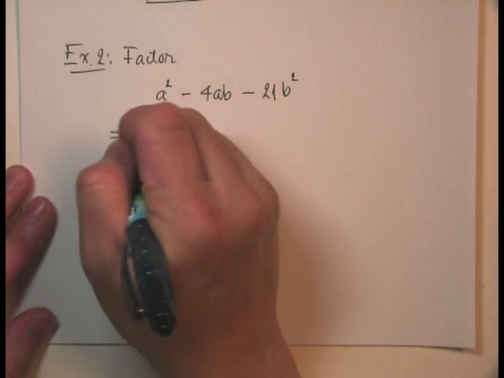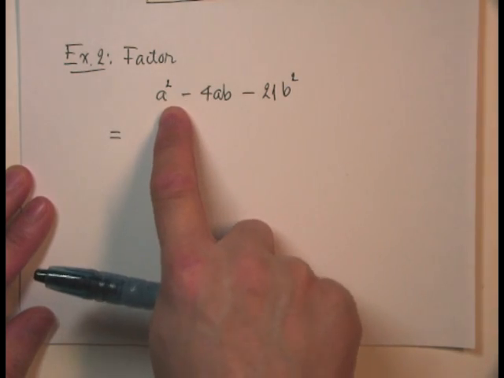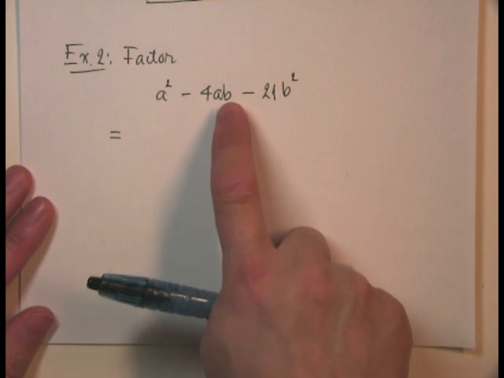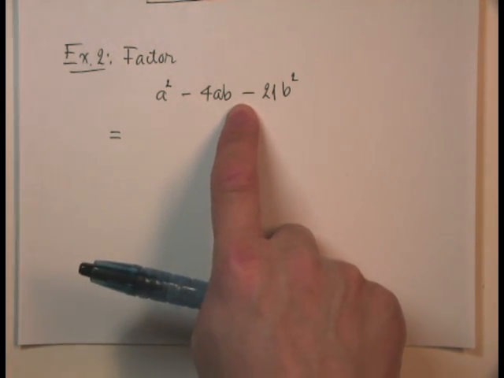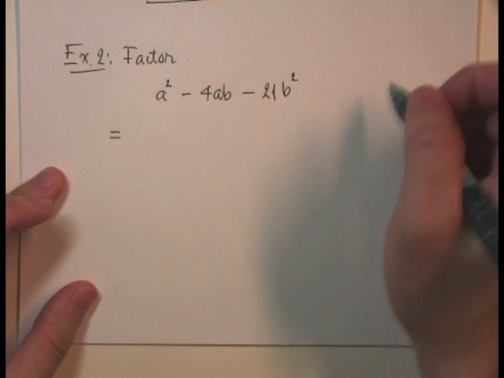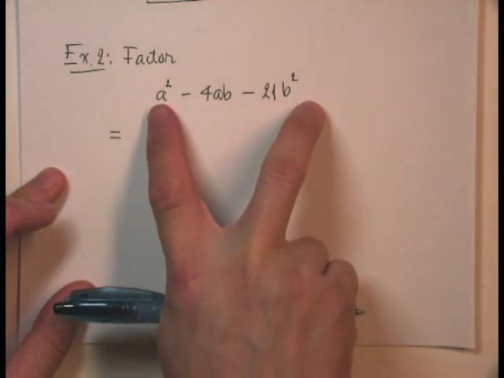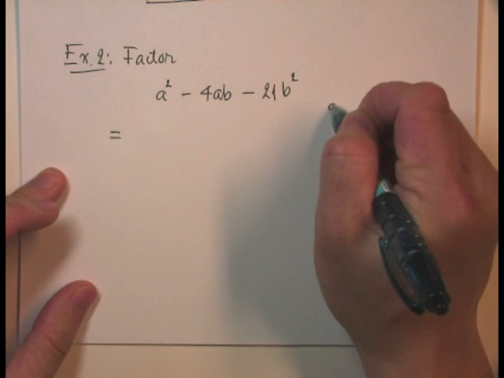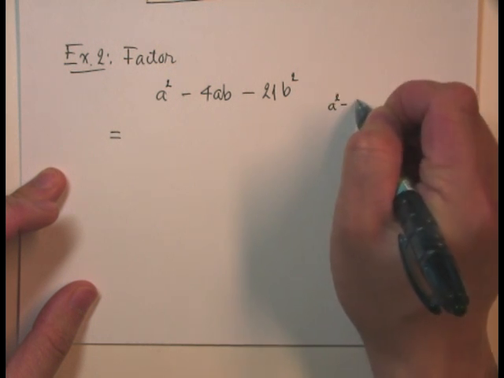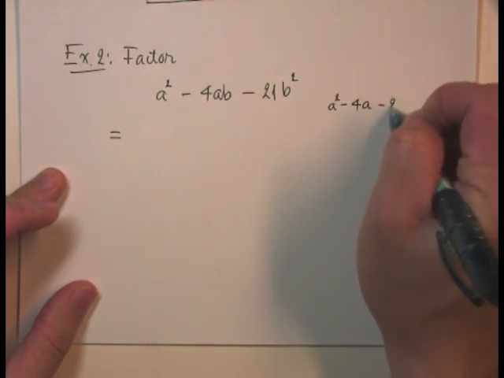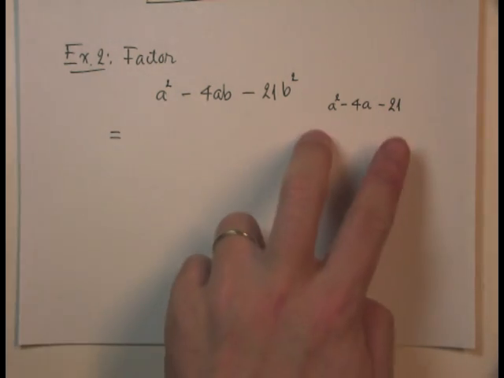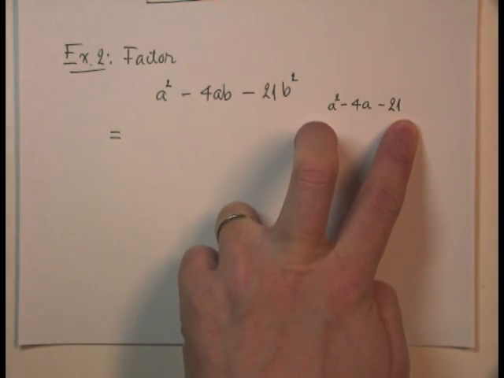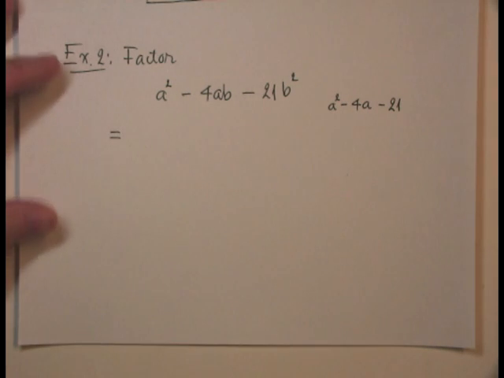Once again, here we have a quadratic expression in two variables, a and b. So step number 1 here is to pretend that the quadratic only has one variable. And so a squared minus 4a minus 21. That's the quadratic after I pretend that the other variable is gone.